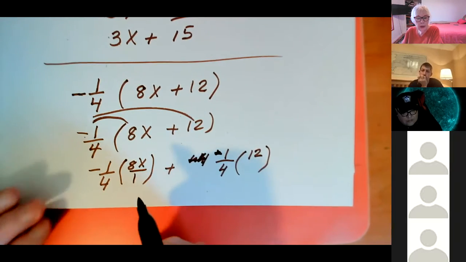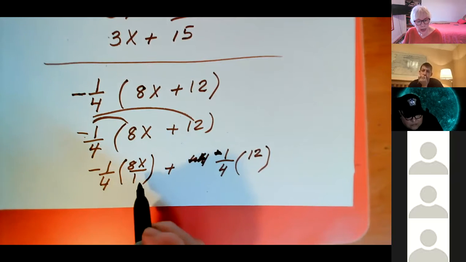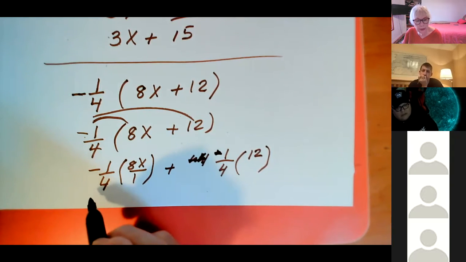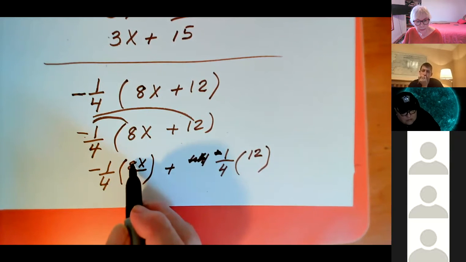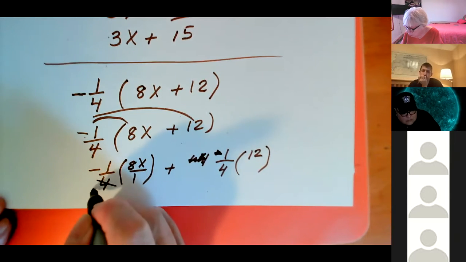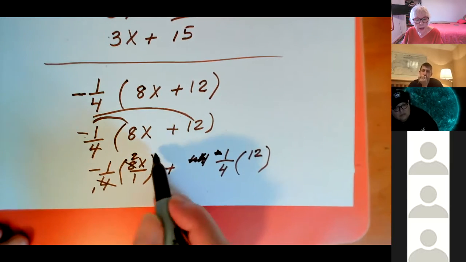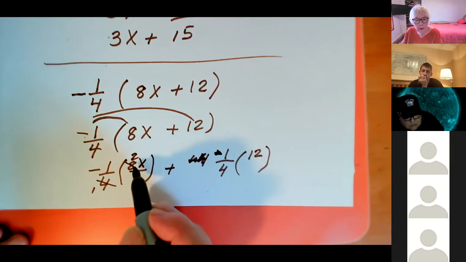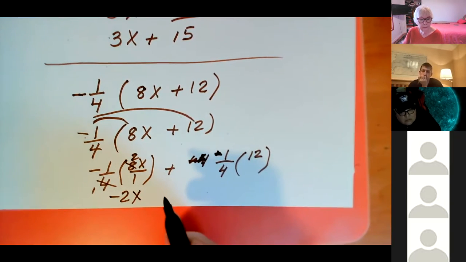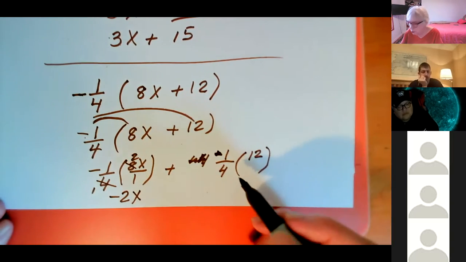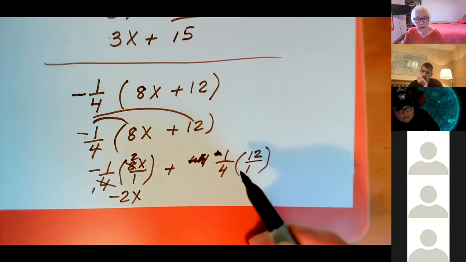So this could be put over 1. This term, all of this together, could be simplified really nicely. The 4 divides into the 8. So 4 goes into 4 once and into 8 twice. So what you have left is -1 multiplied by 2x, which is -2x. Okay. This one, -1/4 times 12, I'm going to put it over 1.